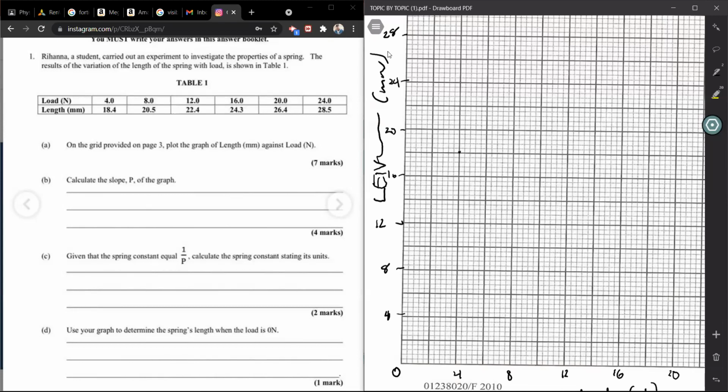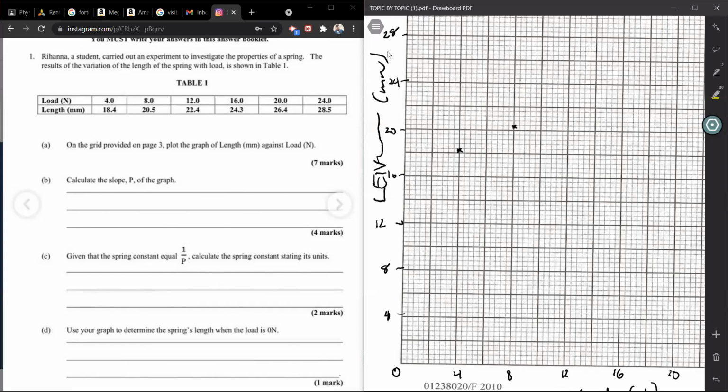So that's 18, so doing 18.4? Yeah. All right, so 18.4. Let's put the first line of the 18. So next, 20.5. Next, 22.4.